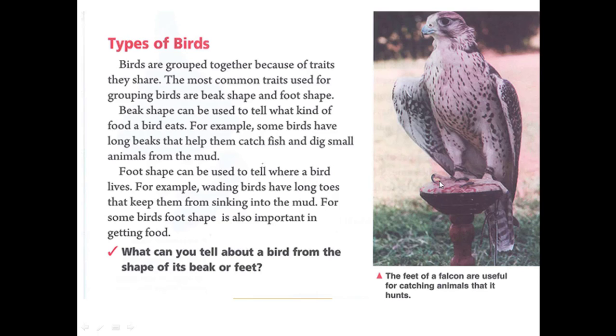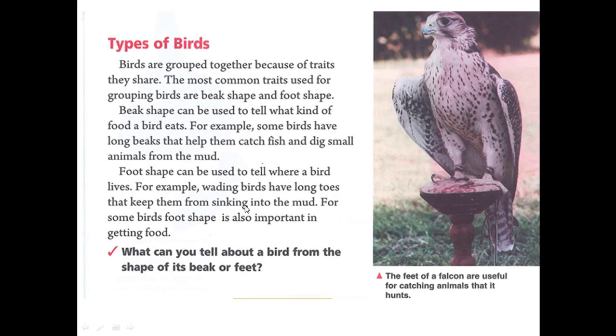Okay, beak shape can be used to tell what kind of food a bird eats. For example, some birds have long beaks that help them catch fish and dig small animals from the mud. And foot shapes can be used to tell where a bird lives. For example, wading birds have long toes that keep them from sinking into the mud.